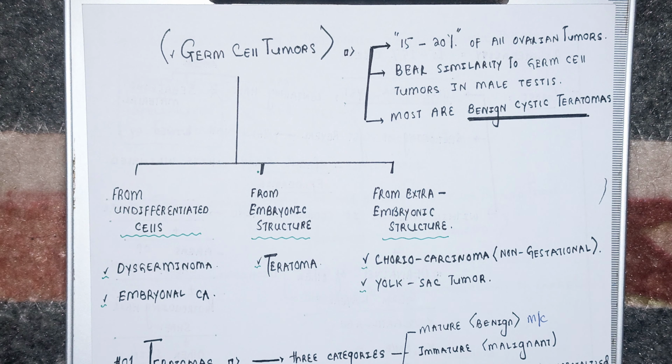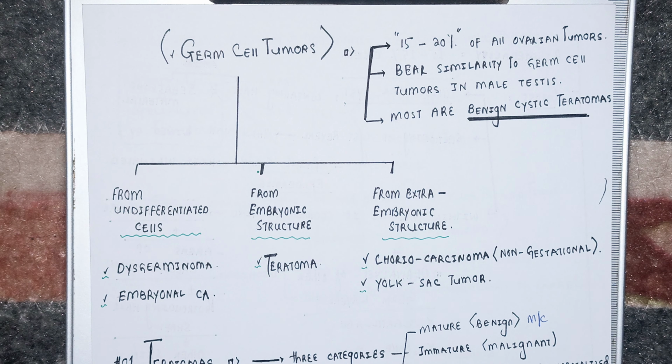In morphology, we come to know the bilaterality of this tumor, that means how often this tumor appears in both the ovaries, is in 10 to 15% of cases.